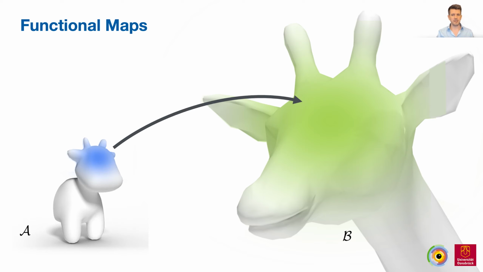Imagine a fuzzy blob on A, and we just say this corresponds to some fuzzy blob on B. If we do this for much fewer blobs than there are vertices, the map representation itself, in a sense, is more compact, but also less sharp. We don't have precise map image information down to the individual vertex.